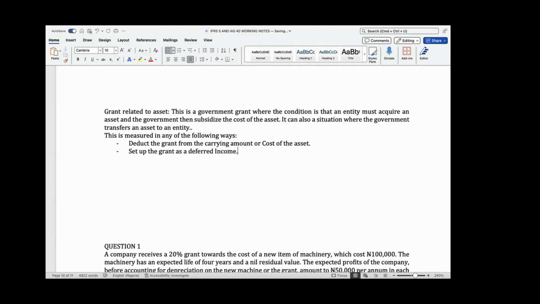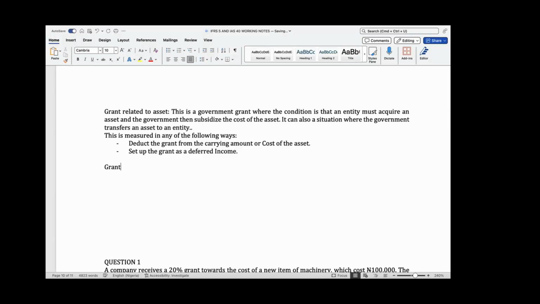Either you deduct the grant that you collected from the carrying amount of the assets, or you set it up as a deferred income. Either one is fine.